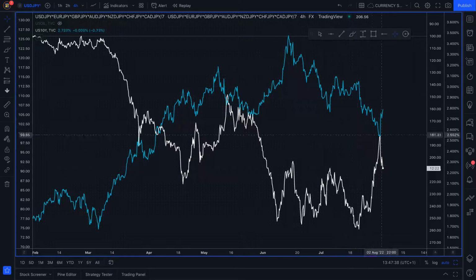Falling yields, rising yen. Is that clear, Max? So if bond yields start to rise, the yen starts to fall. If bond yields fall again, then we would expect the yen to strengthen. Yeah, got it.